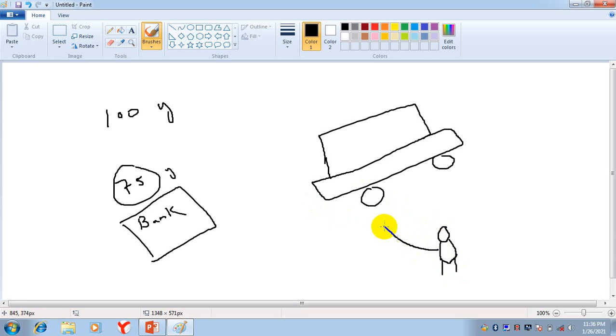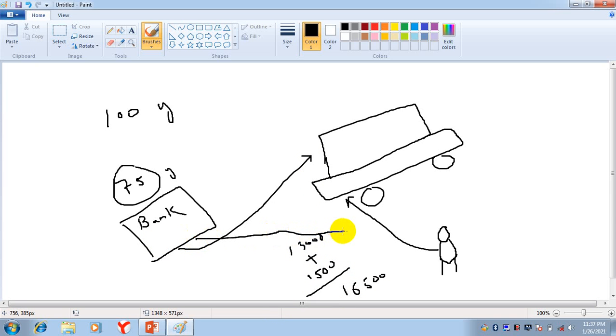This customer selects this car. The value of this car is $15,000. But he is not making the payment himself. Who is making the payment? The bank is making the payment. The bank is adding its interest, 1,500, so it will become 16,500.